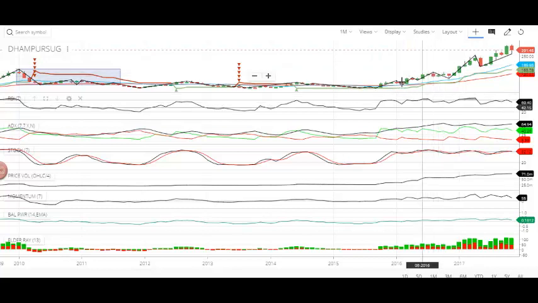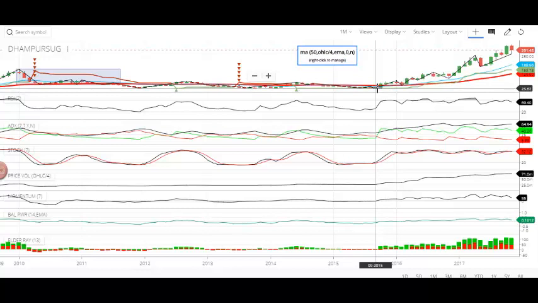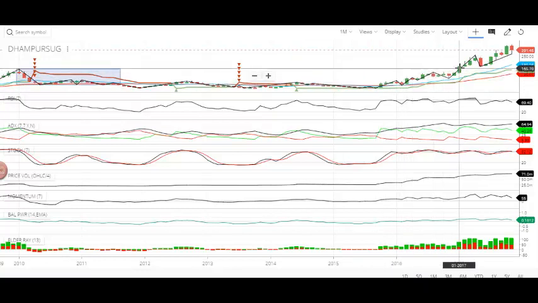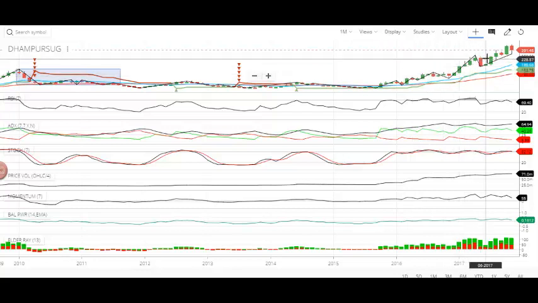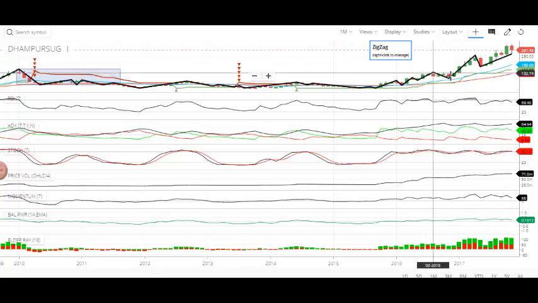But if you look at the historical price path pattern of the stock since 2015, that means in 2 years 10 months, the stock had been consistently moving in the upward direction, making new highs. You can see all these green candles here, and after making a new high it goes for a consolidation, new high, consolidation, new high, consolidation.